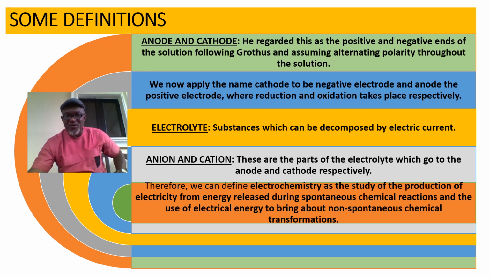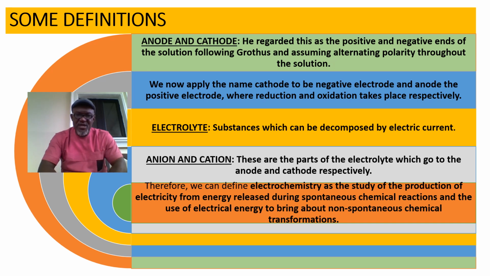This is where it's coming from. And these are the parts of the electrolyte which go to the anode and cathode respectively. Remember we said the anode is a positive end, whereas the cathode is the negative end of the electrodes.